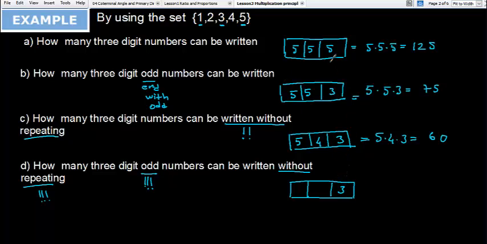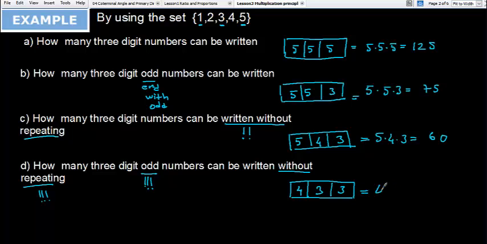In the second part it was not mentioned that we have three-digit odd numbers, so we used 5 there because there are 5 possible cases. But if it is an odd number, it should end with an odd digit, and you use one odd digit here first. Then you have 4 possible different numbers for this place, and once you use one of them, for this one we have 3 possible cases.